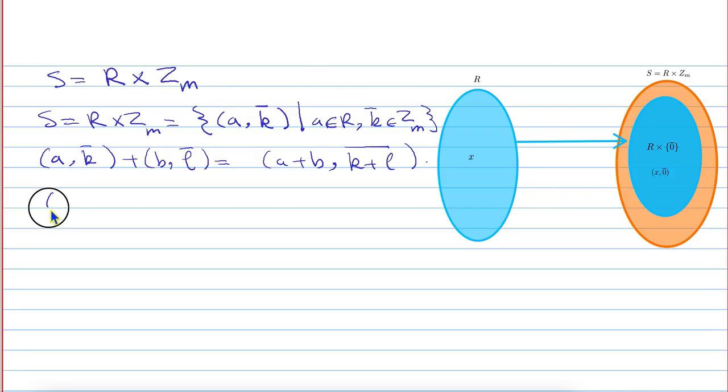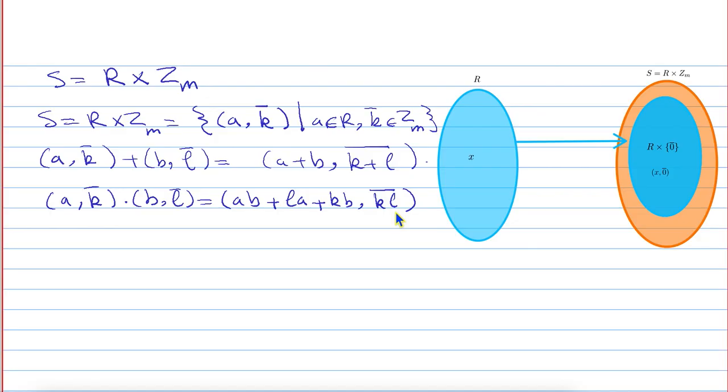And the multiplication of the ordered pair (A, K bar) with (B, L bar) equals (AB plus L times A, where this is A added L times, plus K times B, and the second component is KL all bar).